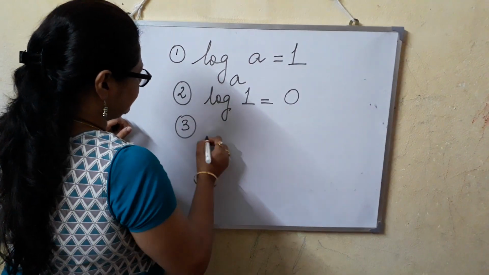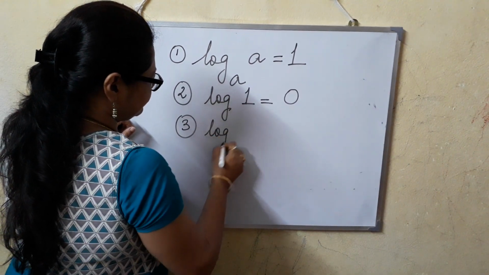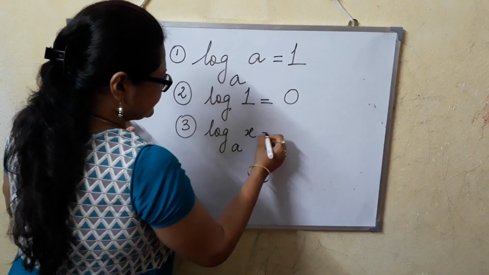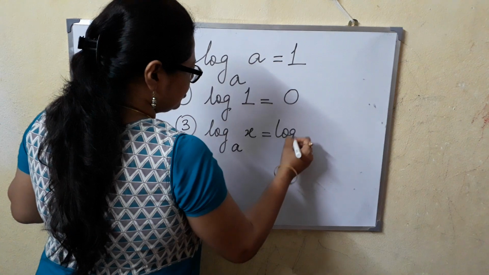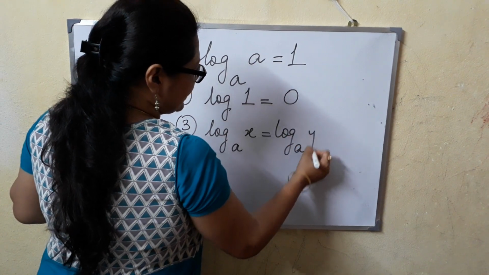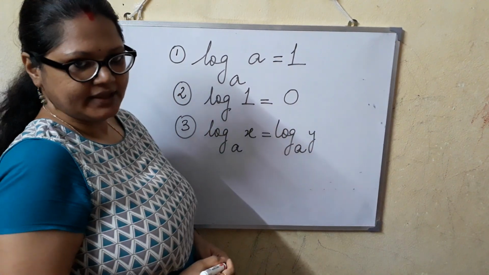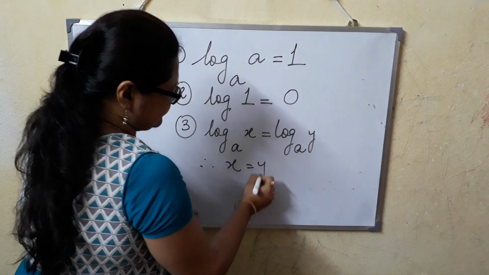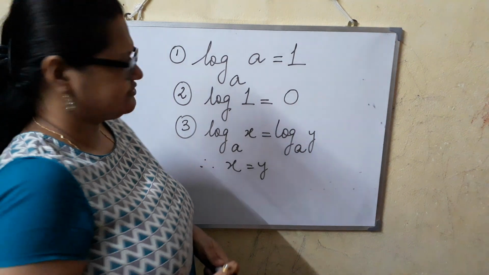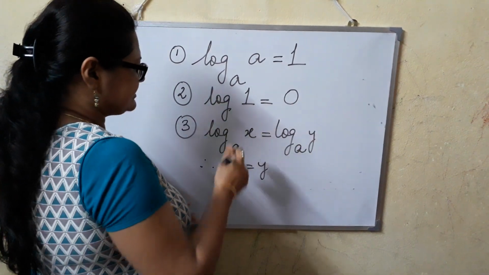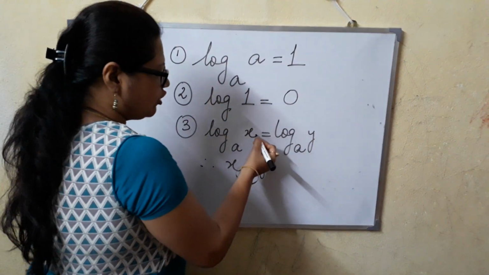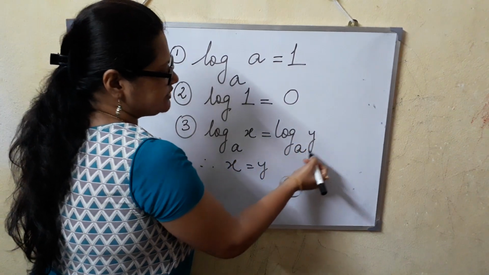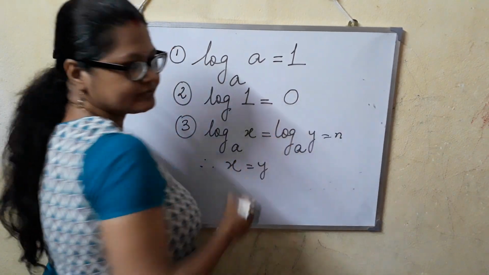Third, if we have log base a x is equal to log base a y, okay, then we can write therefore x equal to y. Why can we write this? Very simple. We take that let log of x to the base a and log of y to the base a is equal to n.